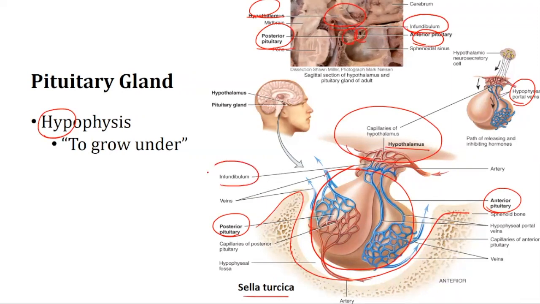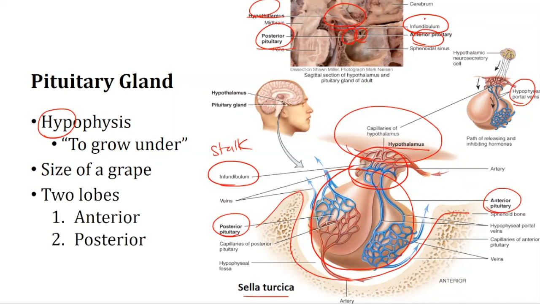What is infundibulum? It's a stalk-like structure, root-like structure between hypothalamus and pituitary gland. Pituitary gland is very small. It's the size of a grape. And as we have just seen, there are two lobes, anterior and posterior.